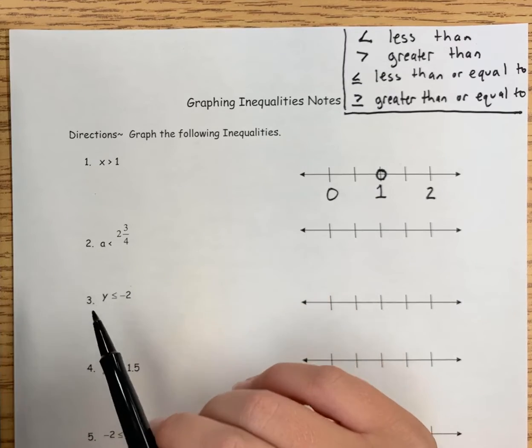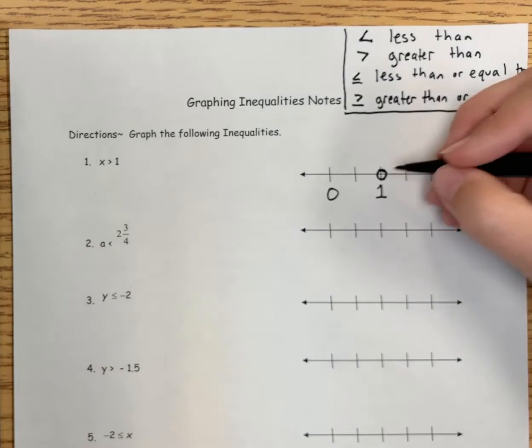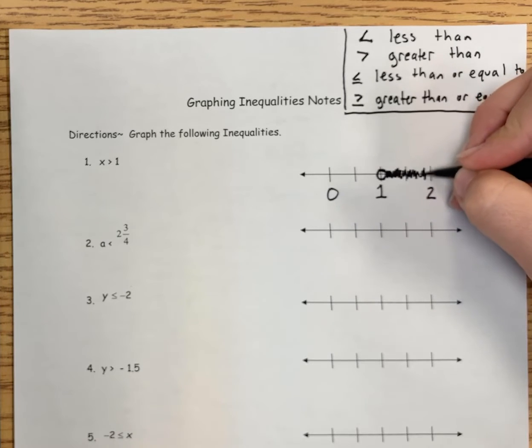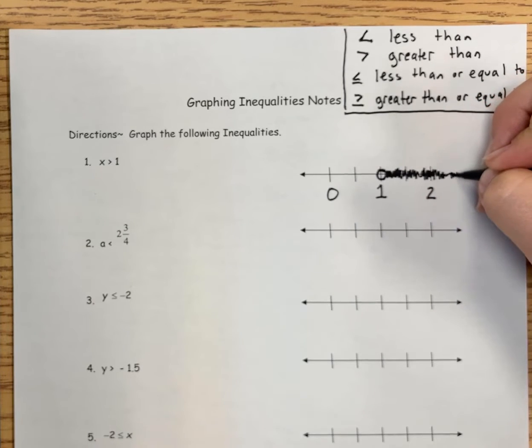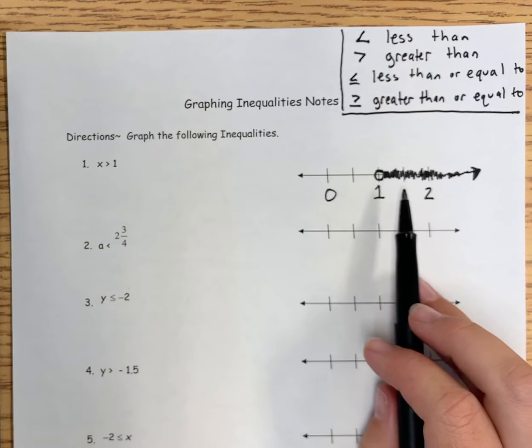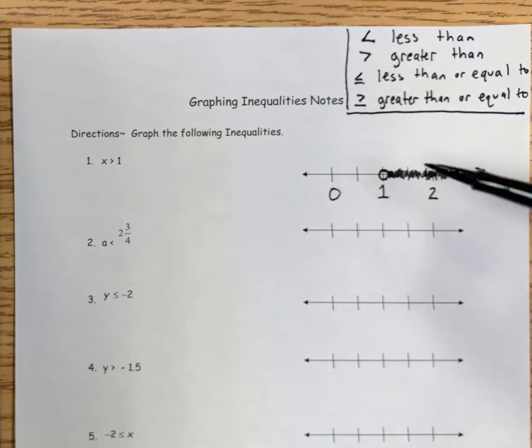That means you want all the numbers bigger than 1. So you want to shade by making an arrow, shading all the way across, and then making it into an arrow. This is telling me that I'm hitting all numbers that are bigger than 1. That's what I'm looking for when I want you to graph an inequality.